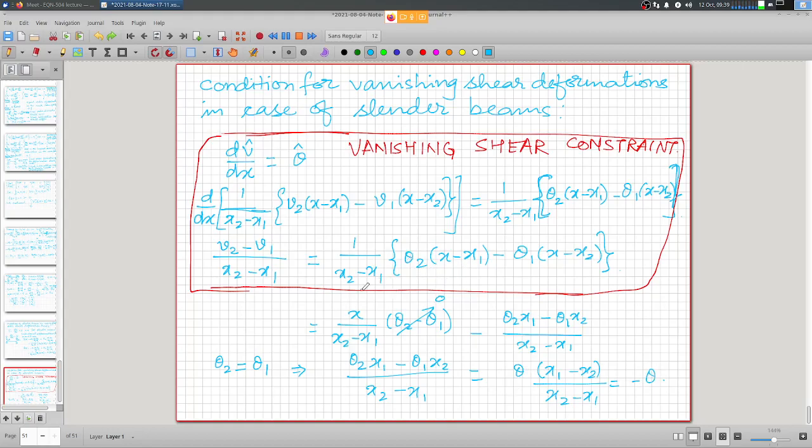So under this vanishing shear constraint, we have the condition v2 minus v1 divided by x2 minus x1 is equal to minus of minus theta, which is theta. So some constant value theta, the section rotation.